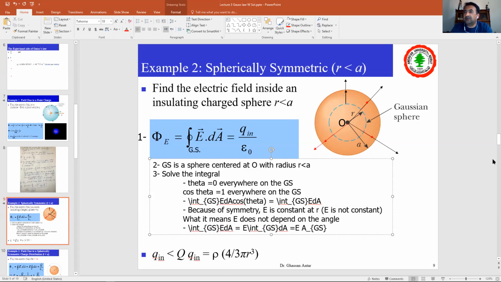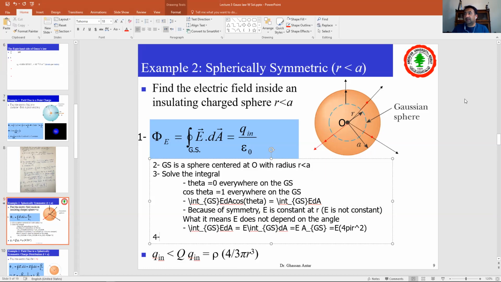What's the area of my Gaussian surface? It's a sphere, so this is equal to E multiplied by 4 pi R squared. Now we come to the fourth point, which is Q inside.